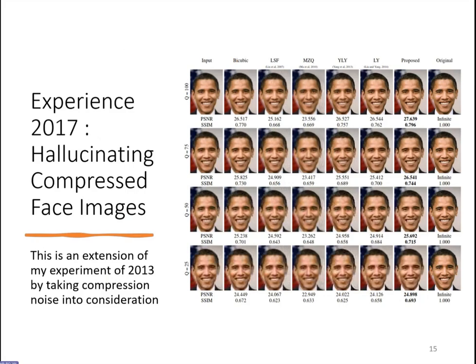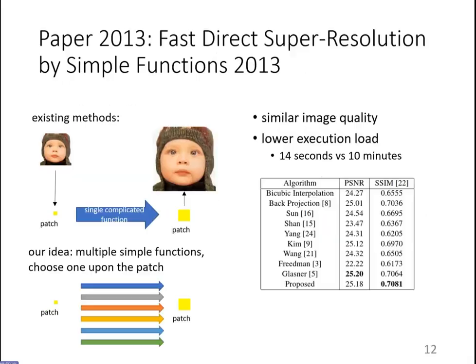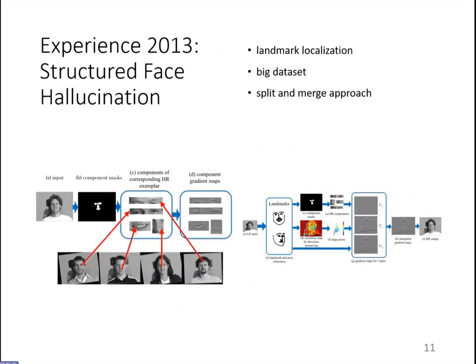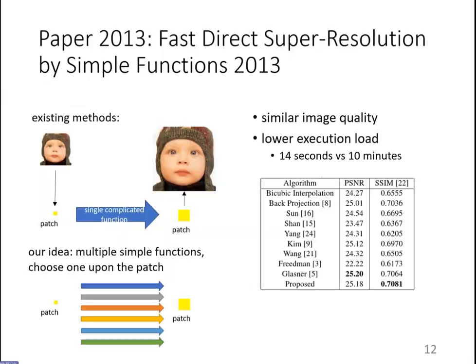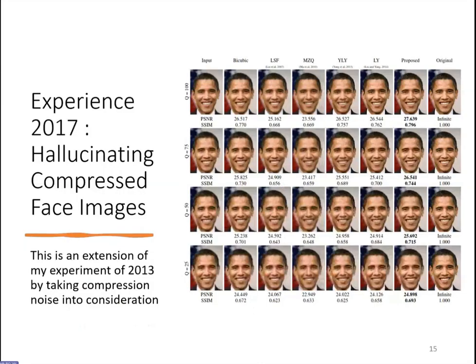In 2017, I extended my study. So I did this study in 2013, and 4 years later, I extended it to another question. Because we have many JPEG images, right?